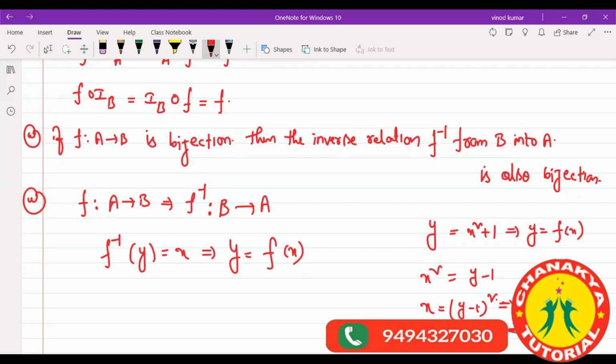Inverse function is compulsorily given. One function is given; what is the domain and codomain of the inverse function of that function? Okay, f is given as 1 by x square plus 1. Then first we find f inverse, after that the domain and the range of f inverse. That is the important thing.